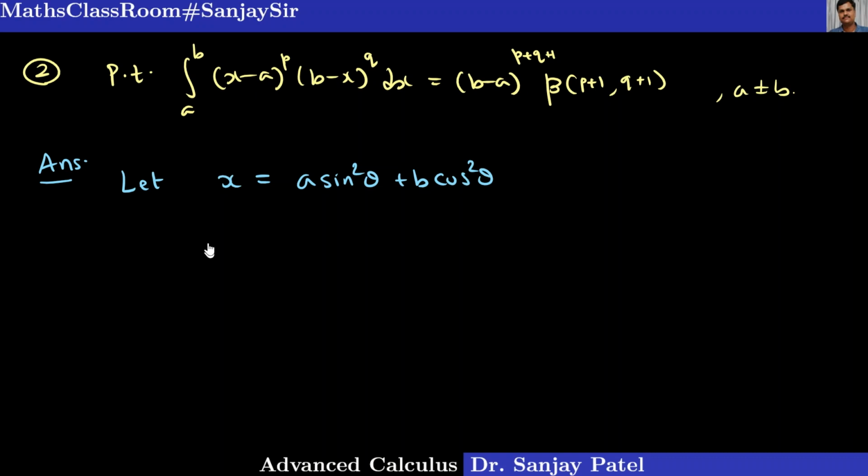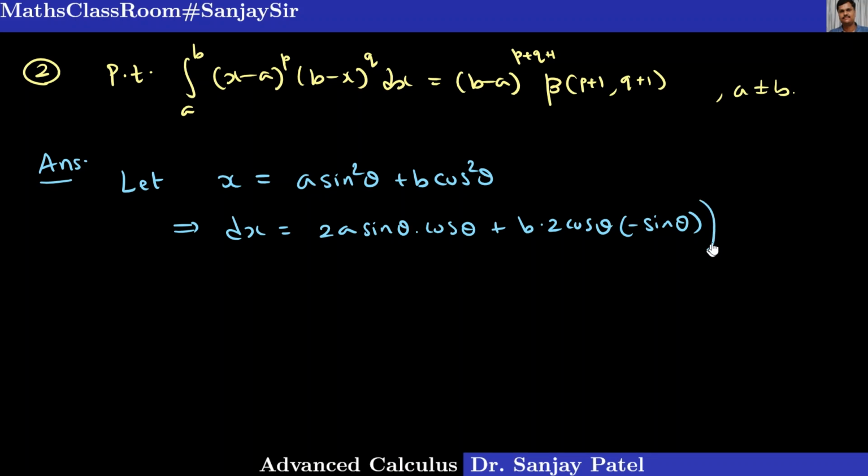If we consider this, then immediately I can write dx is equal to a times the derivative of sine square theta, which is 2 sine theta cos theta, plus b times the derivative of cos square theta, which is 2 cos theta and the derivative of cos theta is minus sine theta, this into d theta.